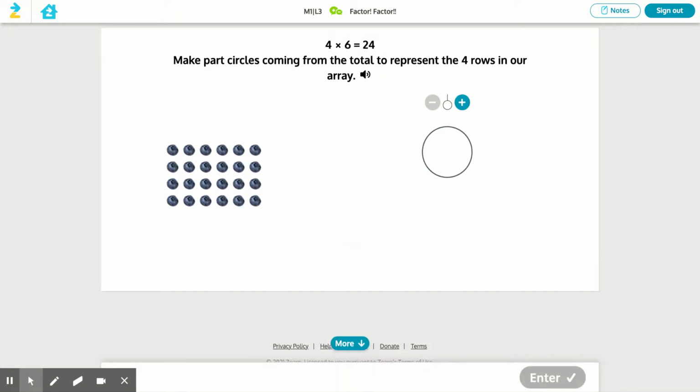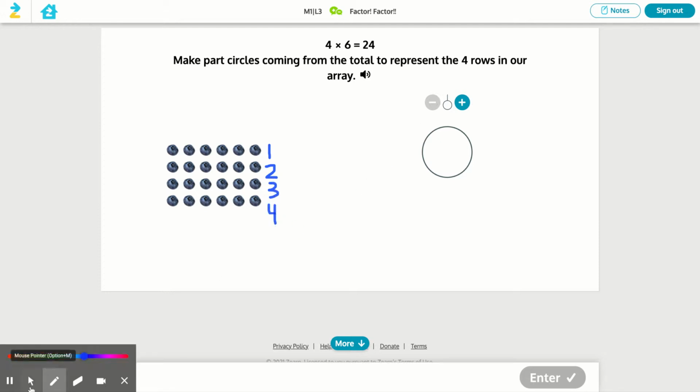And so you should be very familiar with number bonds because we use them in second grade. But typically, when we had a number bond in second and even first grade, there were only 2 circles coming off of our number bond. When we're talking about multiplication, there is a number bond for each row. In this particular problem, there are 1, 2, 3, 4 rows of blueberries.